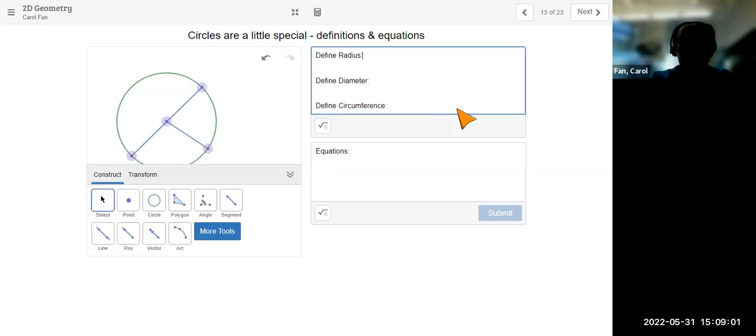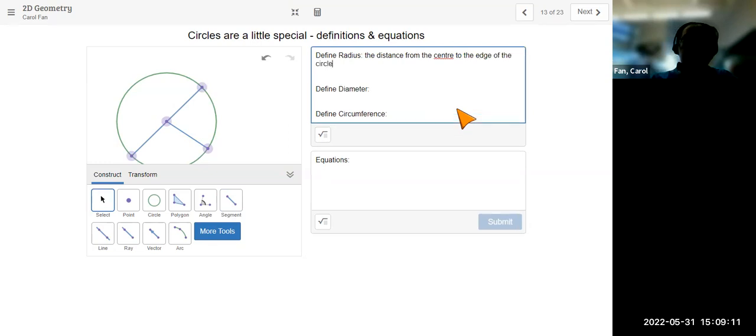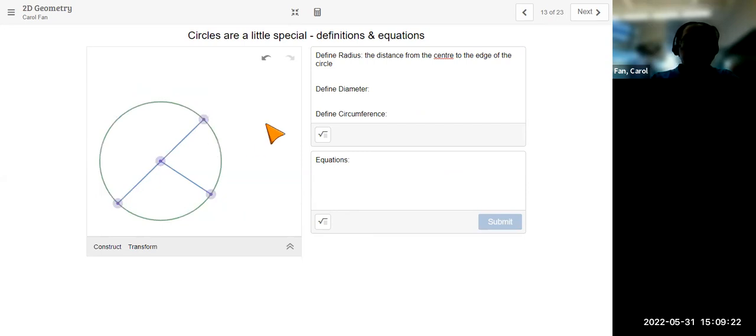So the radius is the distance from the center to the edge. No matter what part of the edge you go to, if you're starting from the center going to the edge, they will all be exactly the same length.